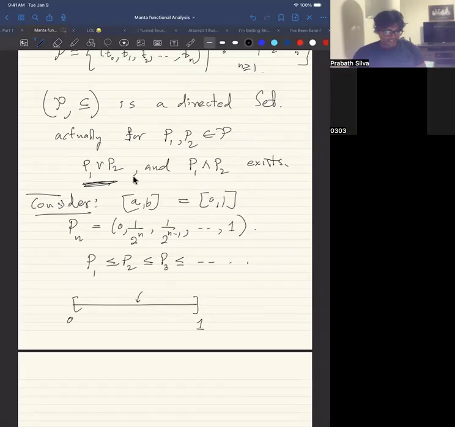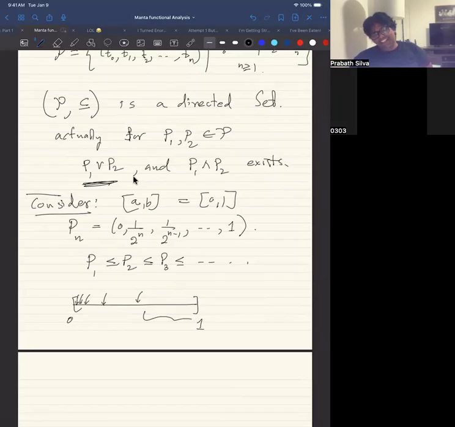For n equals 1, you have 0, half, and 1, and then when n equals 2, you break one part into 2, but you ignore the other part. You're not refining the other side. Then you keep dividing, but this is not going to do the job for you.